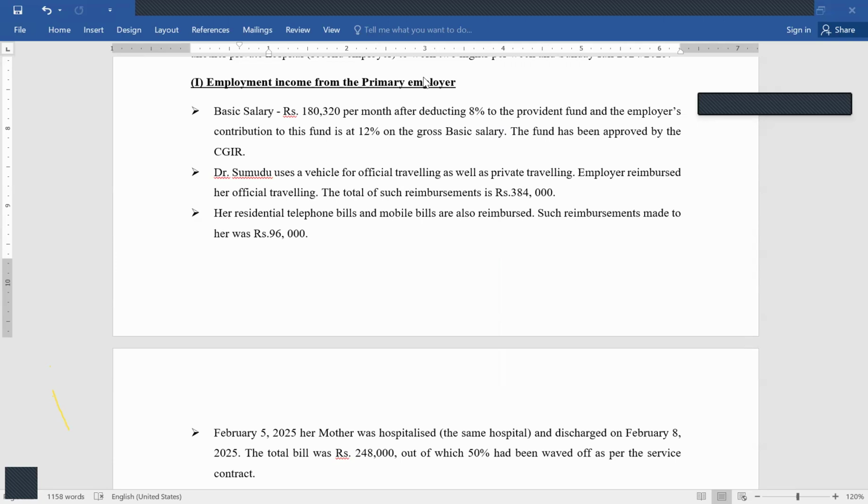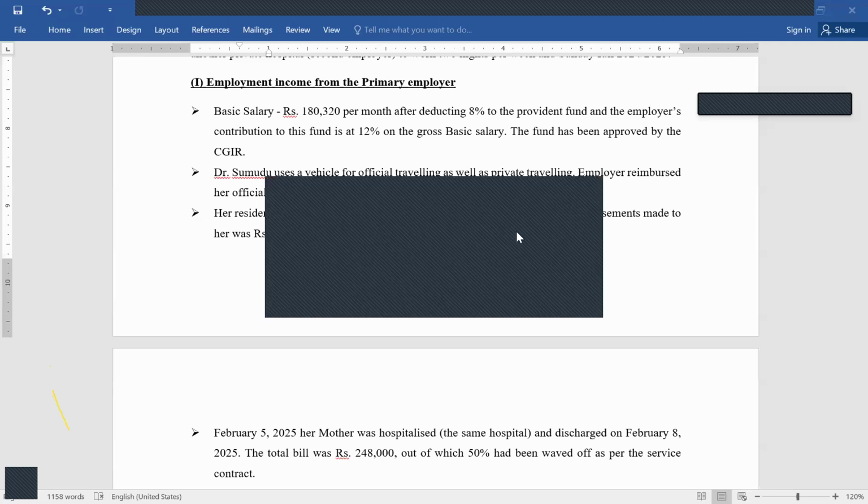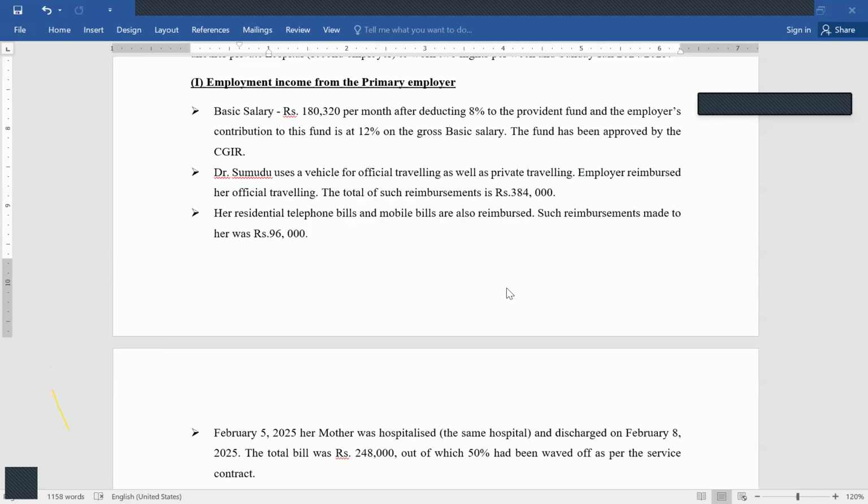So if that reimbursement is for the telephone that she uses partly for official and partly for private, then 50% is liable. The other 50% is not liable. So we have to consider how she used these telephones.